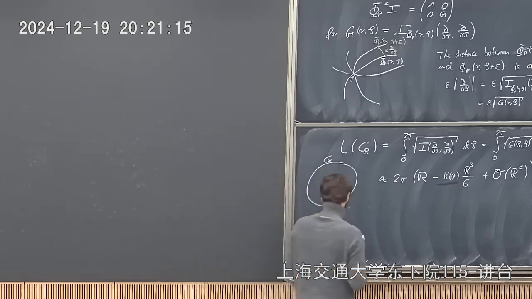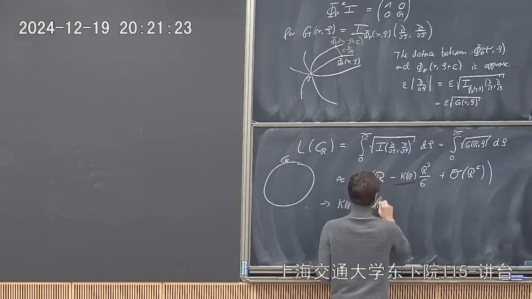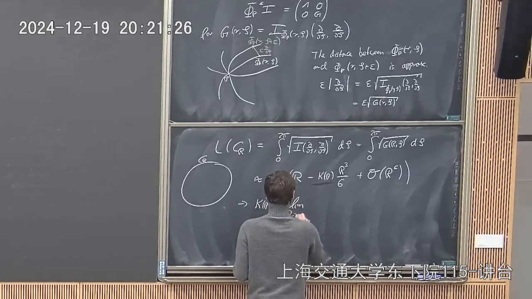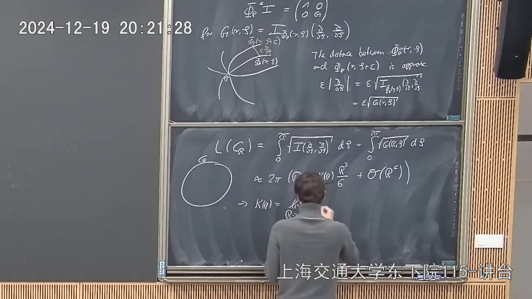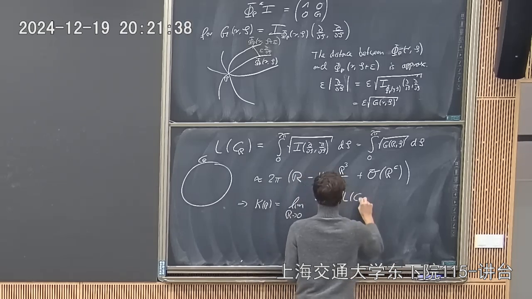So we can calculate K of p as the limit as r goes to 0 of this expression, where we have 2 pi r minus the length of the curve.